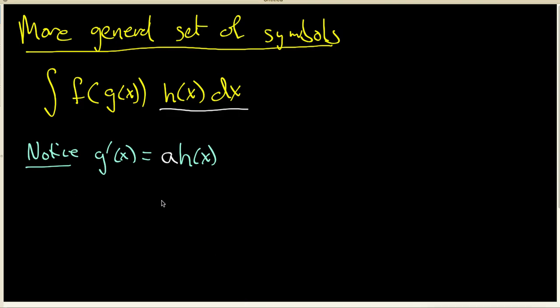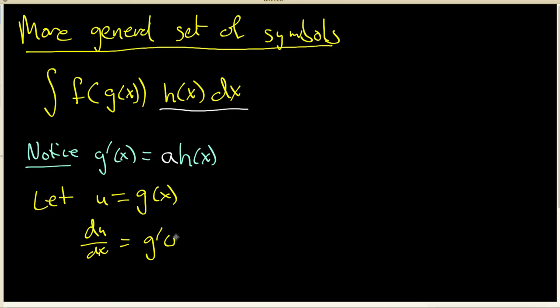When I have this kind of situation, I will let u be g of x. I will calculate du dx, which is equal to g prime of x.